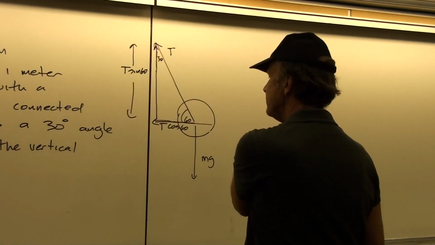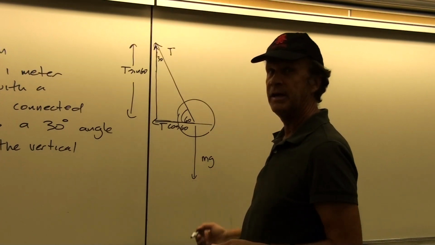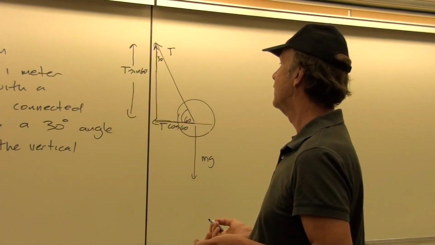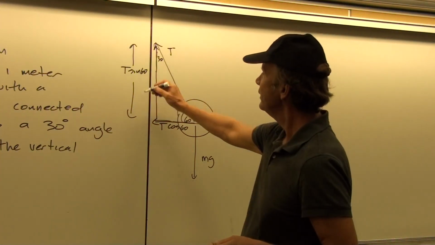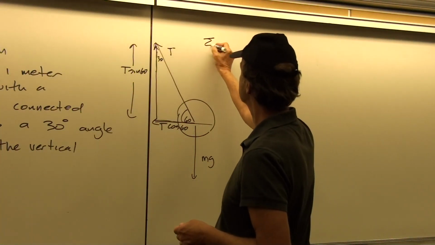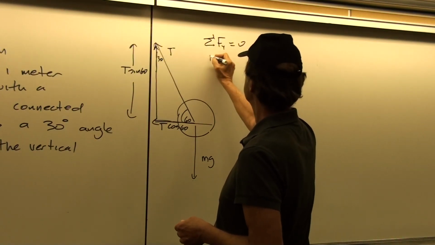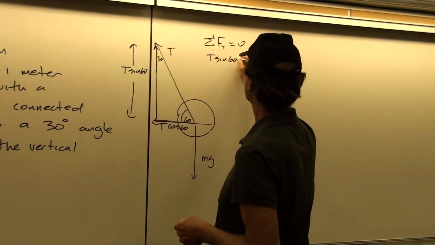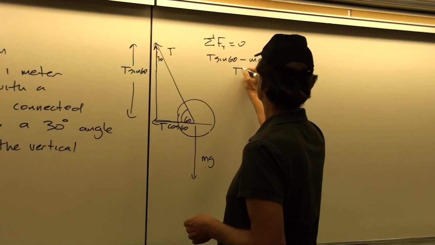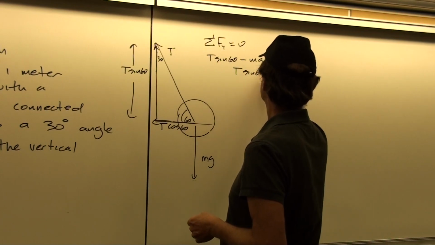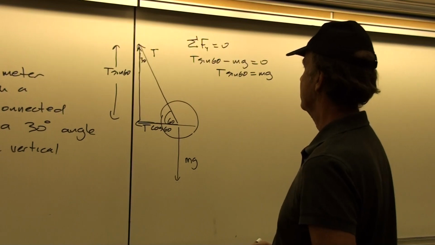So the tension vector is really busy in this problem. It's doing double duty. It's a multitasking force because the vertical component must support the weight, or T sine 60 minus mg equals 0. That gives us T sine 60 equals the weight.